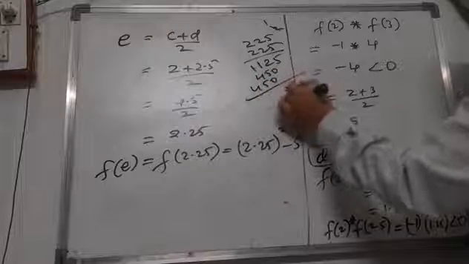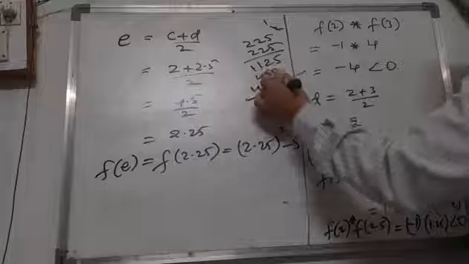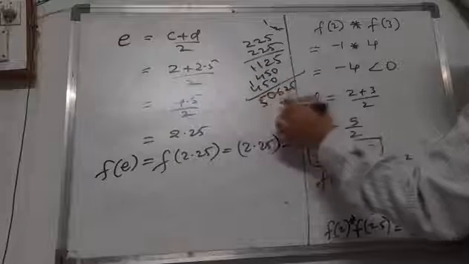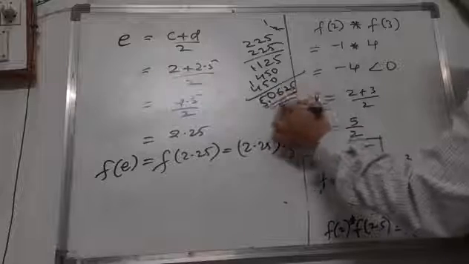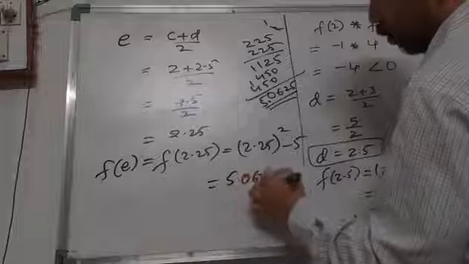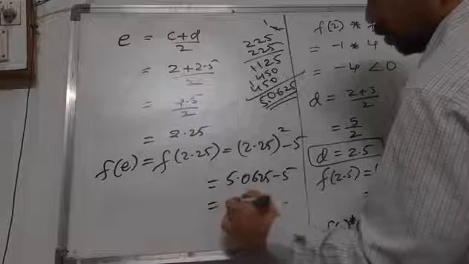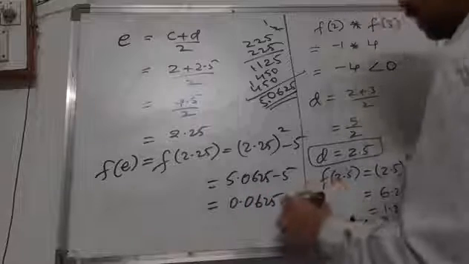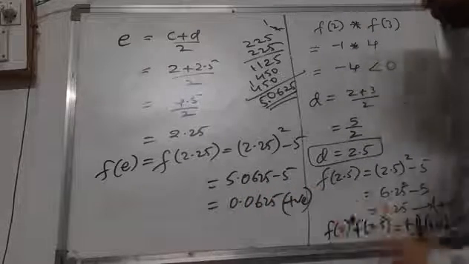So this is 5.0625. So what you will get is 5.0625 minus 5. This is equal to 0.0625 you will get. So this is a positive value.